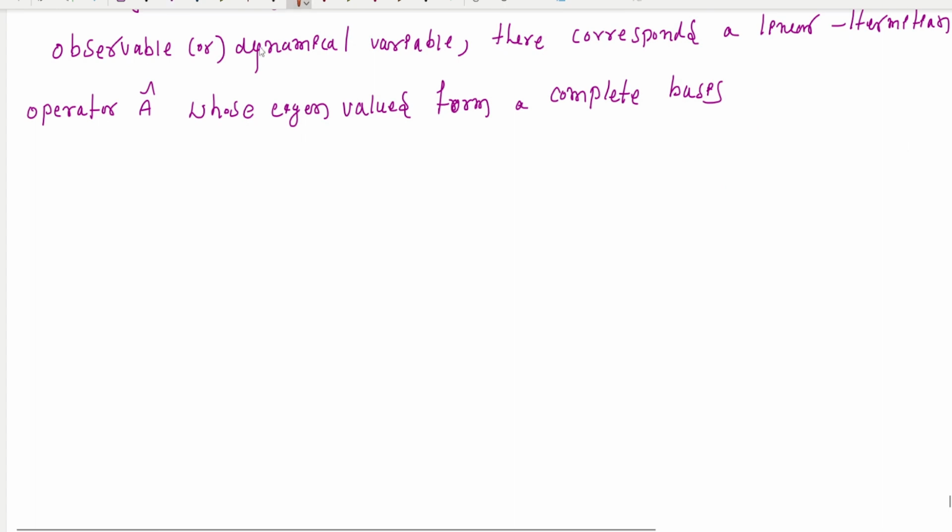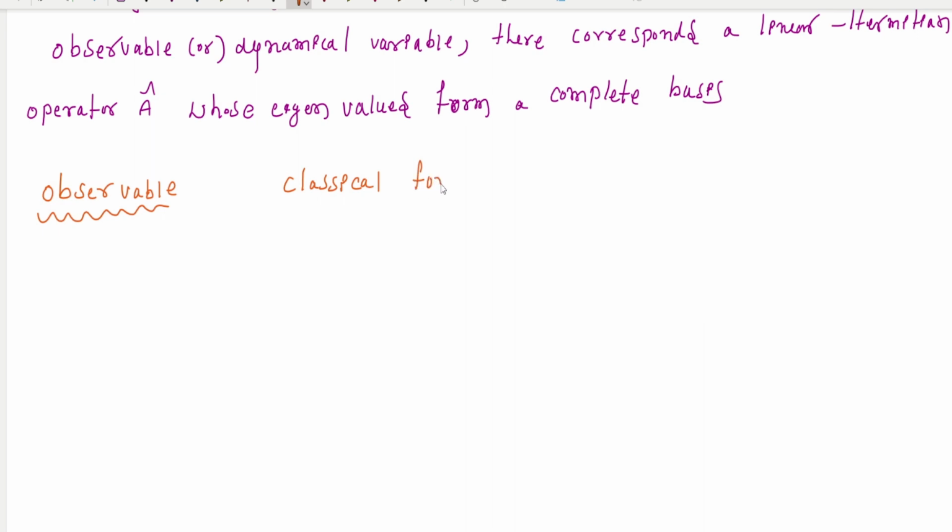here I'm going to make a note of observable quantities. Classical form, quantum mechanical form. Okay, the first one, coordinate.